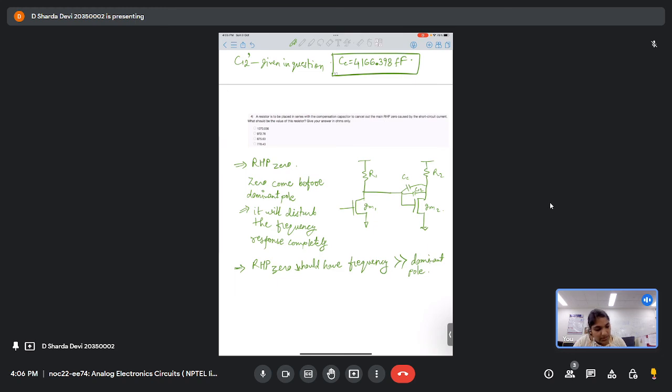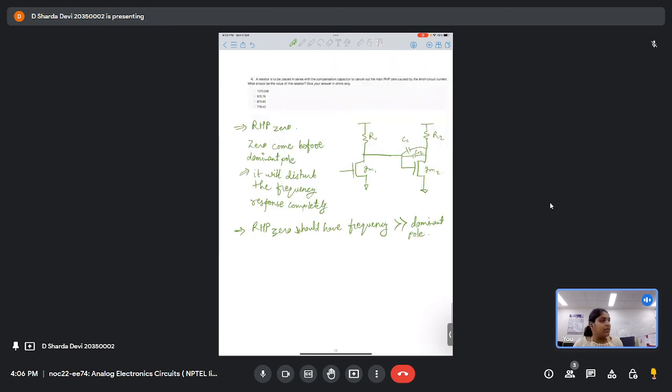So for that, as you might have observed in the lectures of this week, sir discussed this idea, and he also told us how to find out the value of this RHP 0, how to calculate the value of this RHP 0.